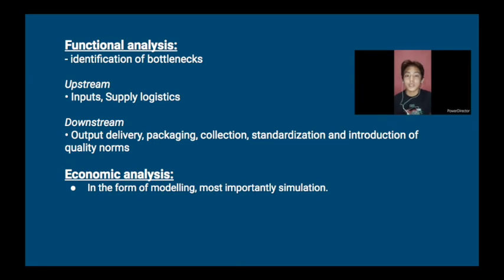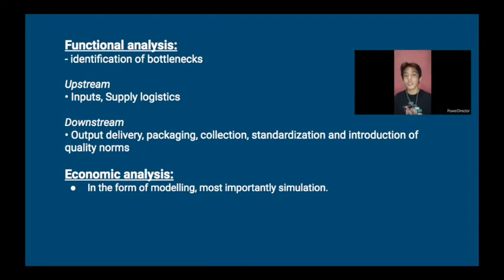So the third is the functional analysis. Commodity chain analysis consists of the functional analysis as it shows the identification of bottlenecks. So, as earlier in the illustration given by the reporter, we see the upstream and downstream in the chain.